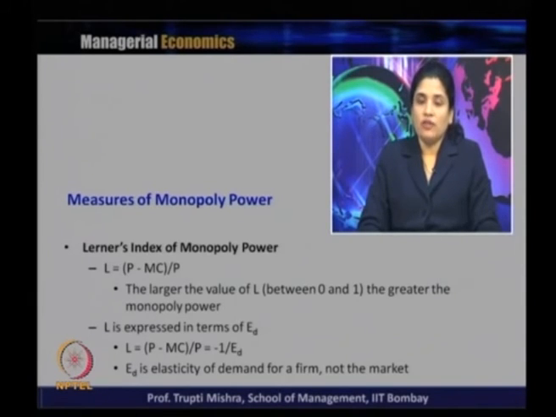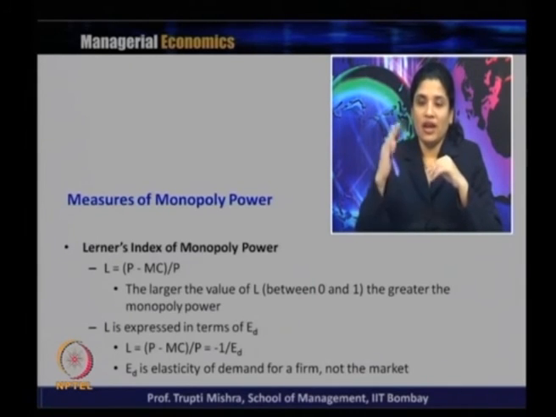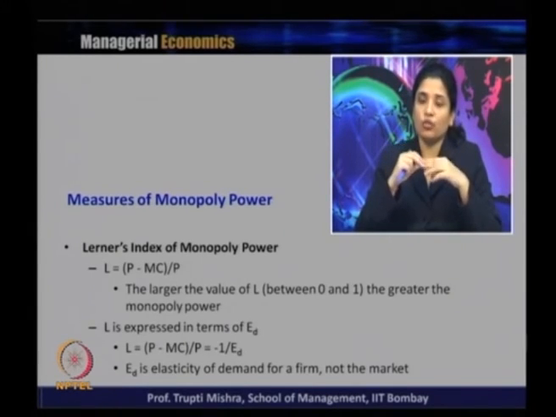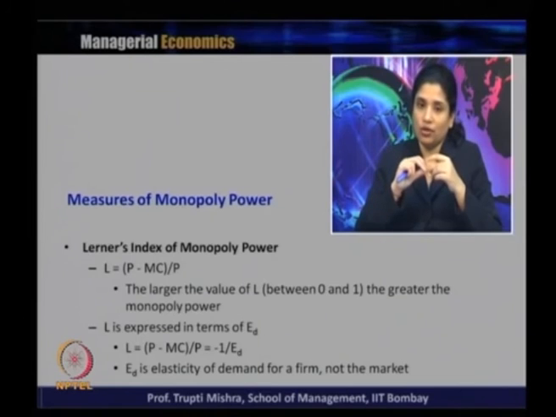The larger the value of L, that is, the larger the value of the index, the greater is the monopoly power, and the range is between 0 and 1. 0 is on the lower side and 1 is on the higher side. So the Lerner index of monopoly power can be calculated through the price decided by the firm and the marginal cost from the cost of production of the firm.